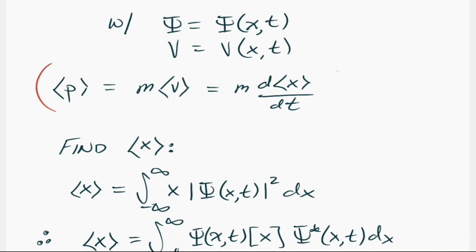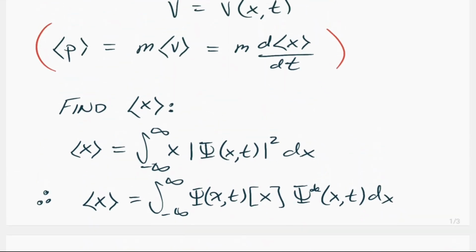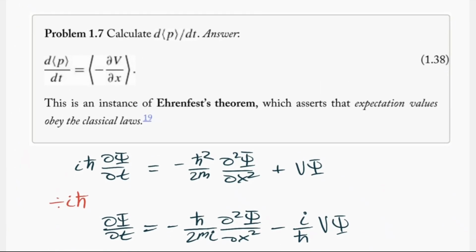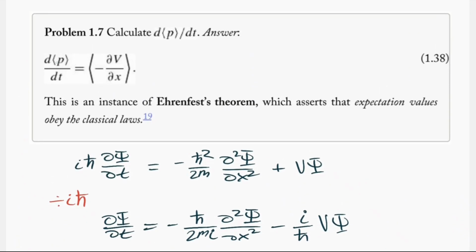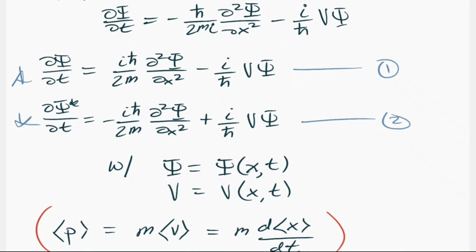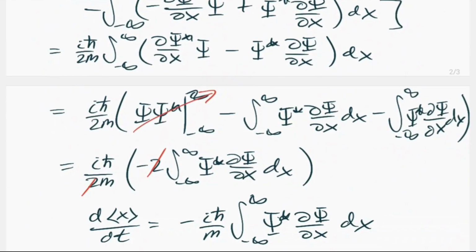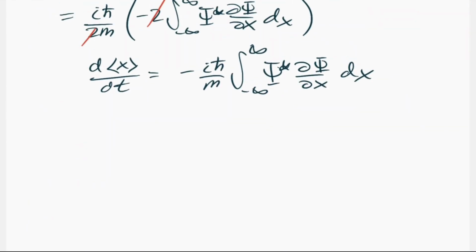This is really what we're focusing on. So now we have dx/dt, and we just have to multiply that by m. That is going to equal the expectation value of momentum, which is what we're trying to get to. So let's multiply by m so that we can get that.